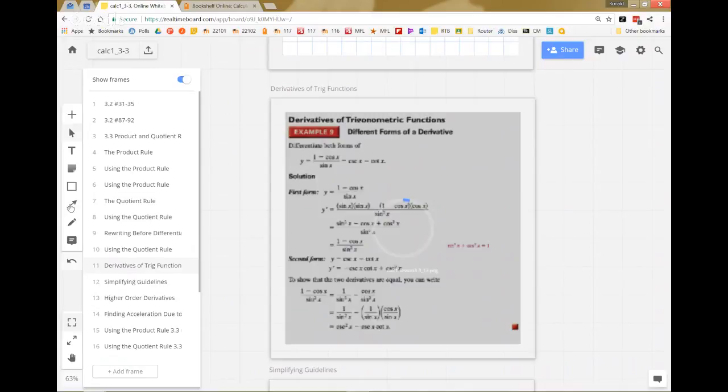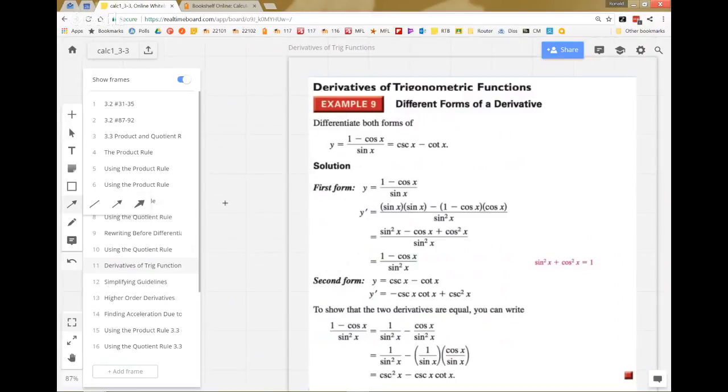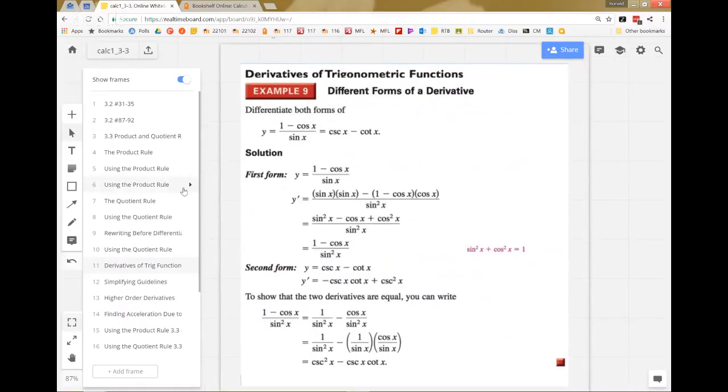Back to the book example here, derivatives of trig functions. What we're supposed to do here is we've got an equation: 1 minus cosine x equals cosecant x minus cotangent x.